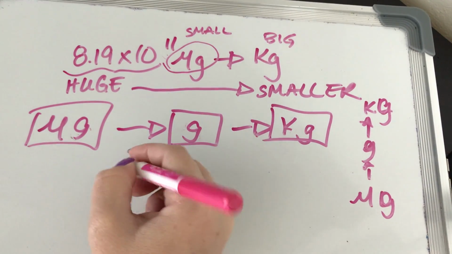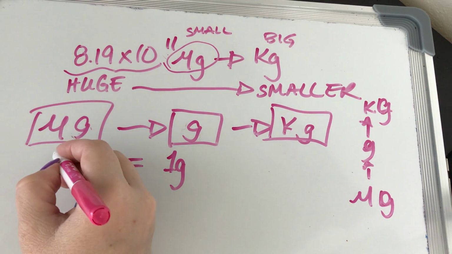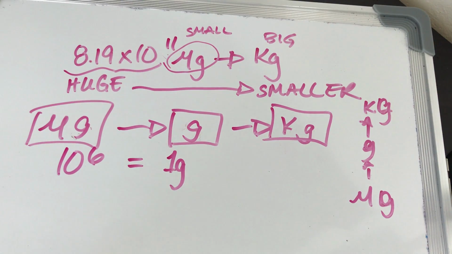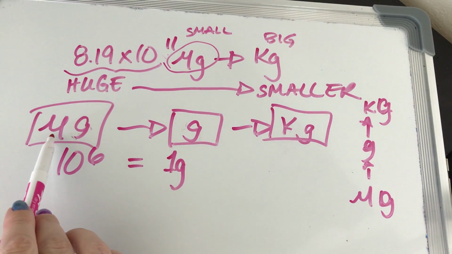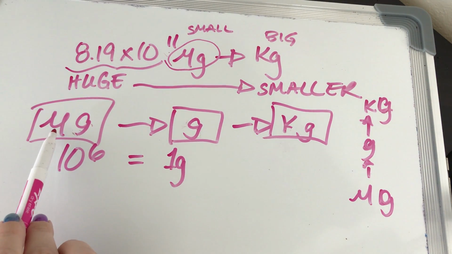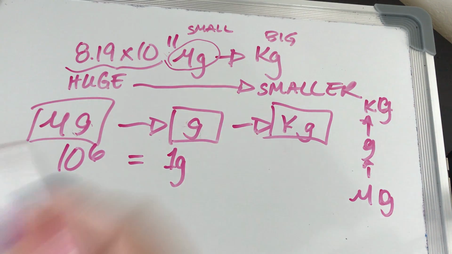So for every 1 gram, how many micrograms do we have? 1,000 or 1,000,000. 1,000,000. Yeah, right? So milli, little m, is the 10 to the 3. That's 1,000, like millennium. Micro is 10 to the 6th.